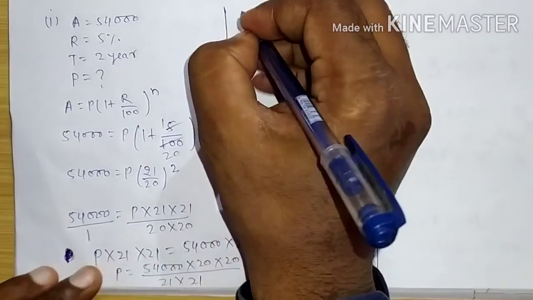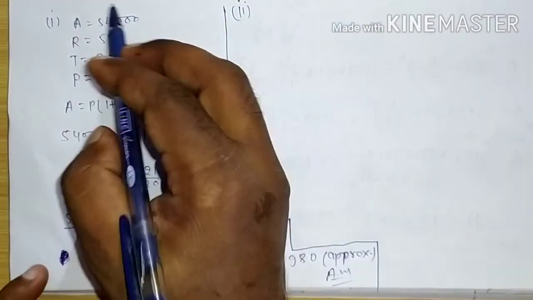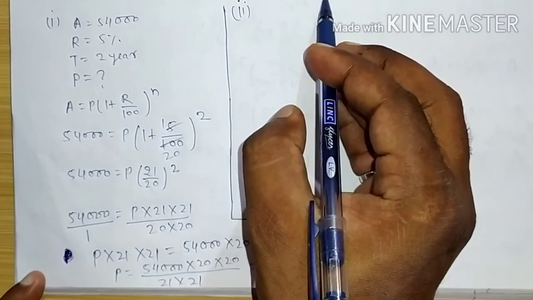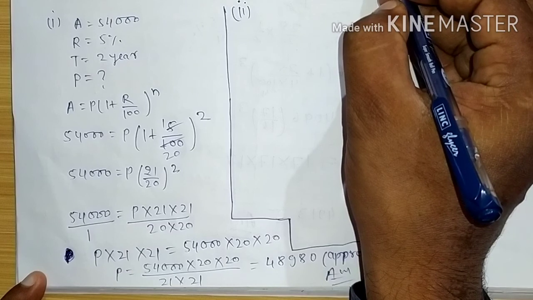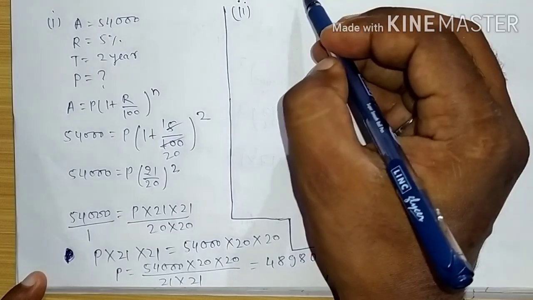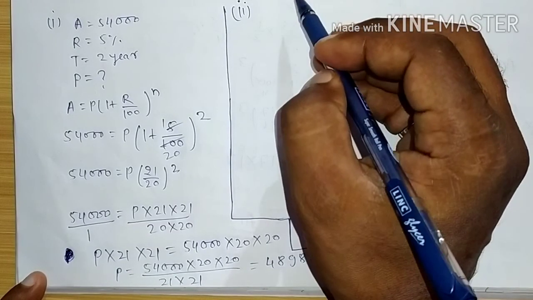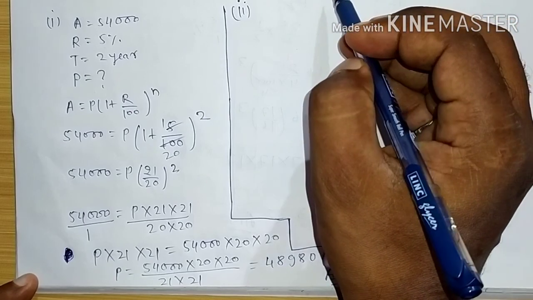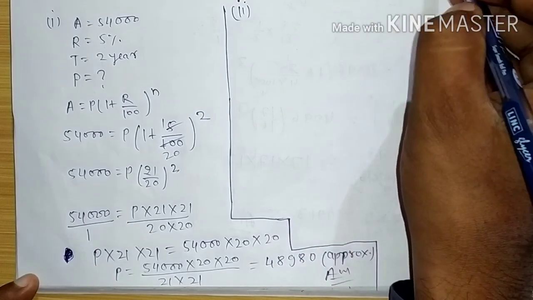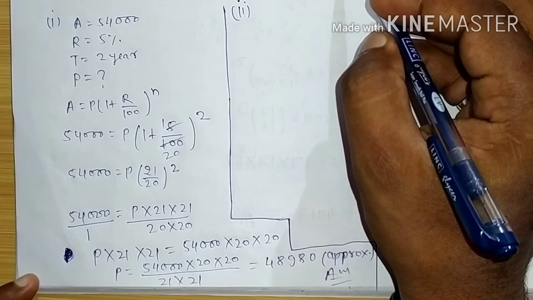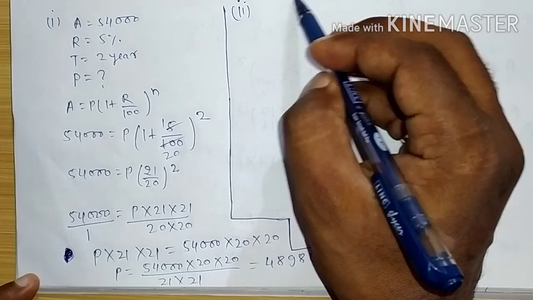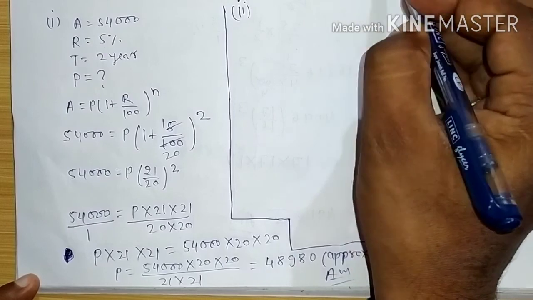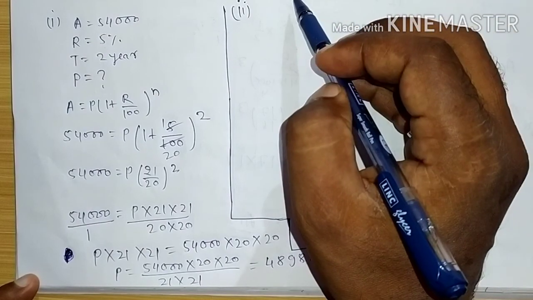Now question number 2. What would be its population in 2005? So in 2003 the population is 54,000, and after 2 years in 2005 what will be the population? That means the population in 2003 is 54,000, and after 2 years in 2005 the population is greater than 54,000, so we have to find amount.